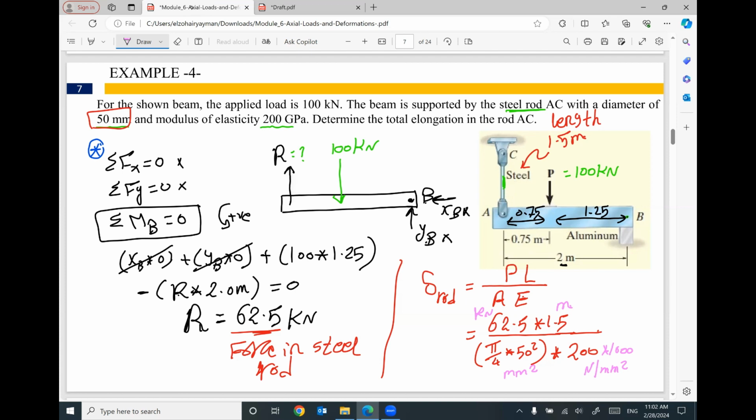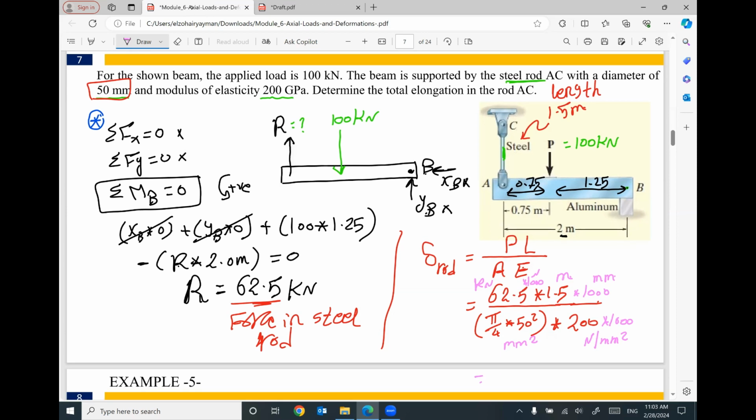So I have to multiply 62.5 by 1000 to be in Newton. I have to multiply 1.5 by 1000 to be in millimeter. So 62.5 times 1000 will be in Newton, 1.5 times 1000 will be in millimeter, and this area in millimeter square. Right now 200 times 1000 will be megapascal, which is Newton per millimeter square. So looks like the units are good.